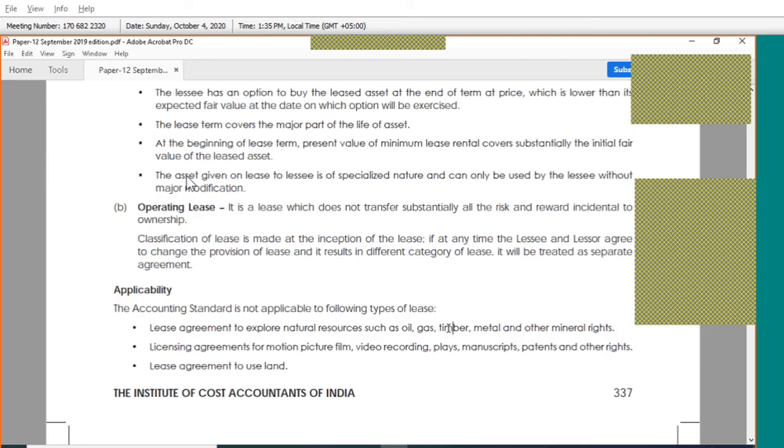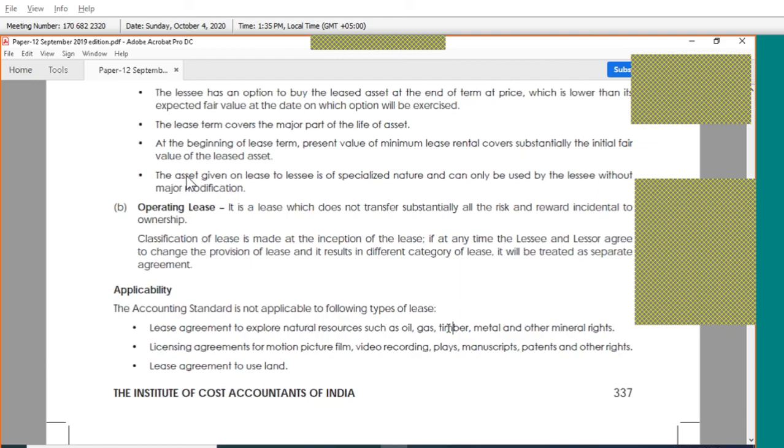That is the guaranteed residual value. Residual value and scrap value are interchangeable. So if this is the type of transaction, then that particular lease is called finance lease.